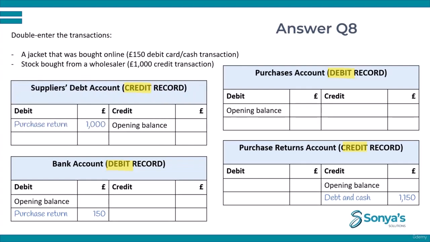The invoice for the credit purchase is on the credit side of the supplier debt account. The liability needs removing with a debit entry. Finally, always check that the entries balance. The total of the debit entries equal the total of the credit entries.